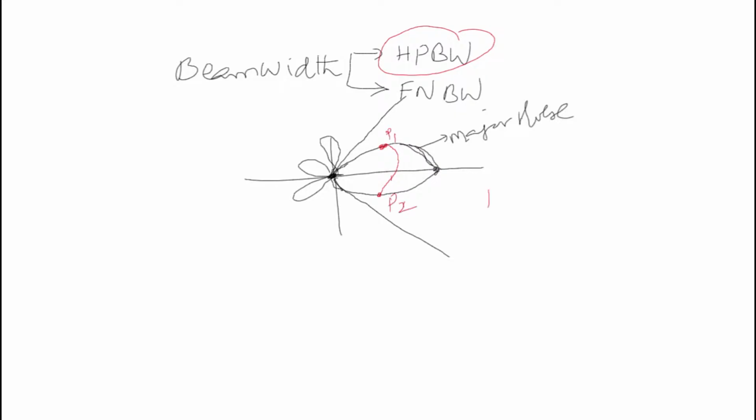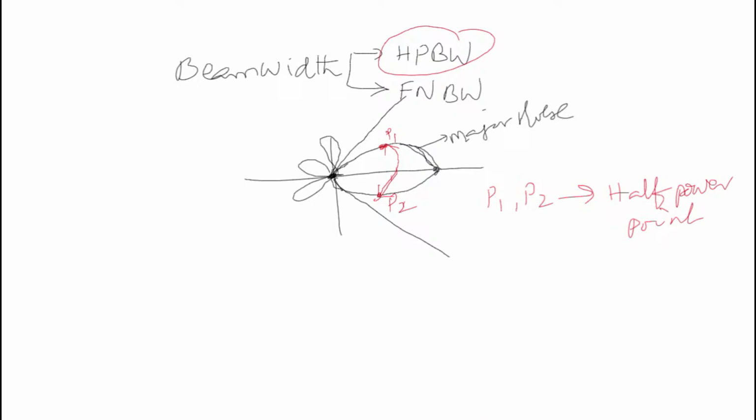These P1 and P2 are the half power points. Here we have some angular width, and this angular width is nothing but the half power beam width. What is the definition of the half power beam width? It is an angular width measured on the major lobe between two half power points.